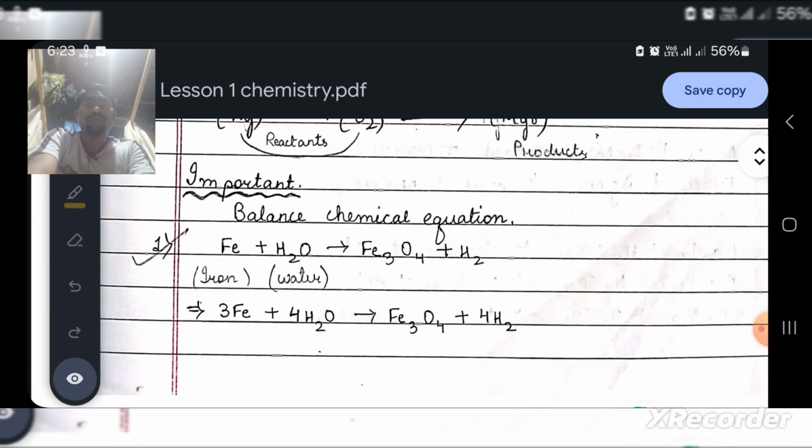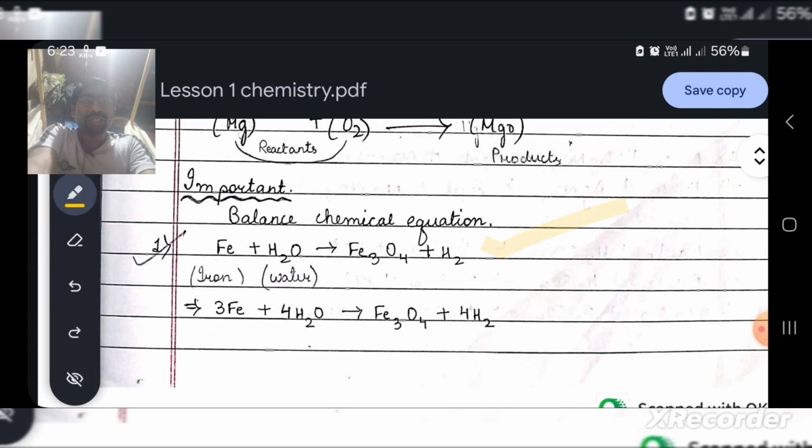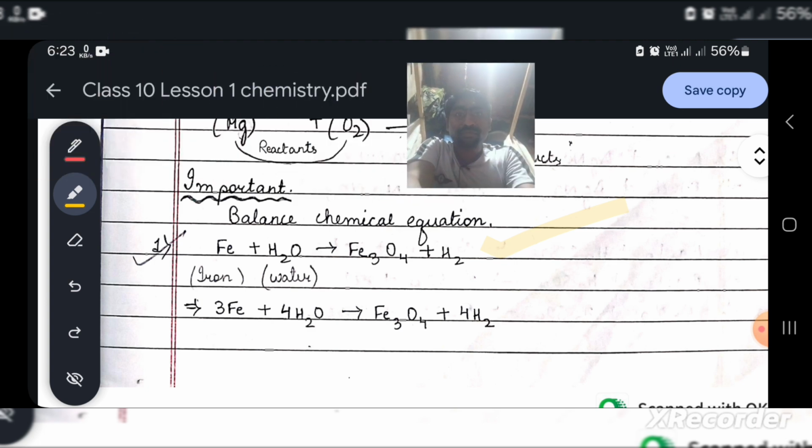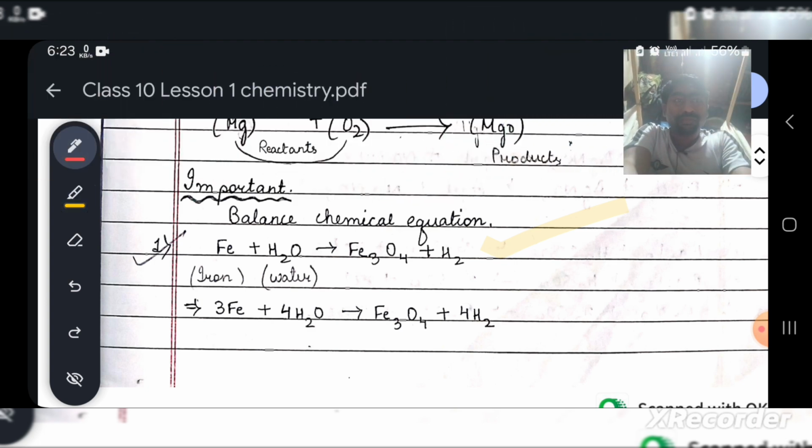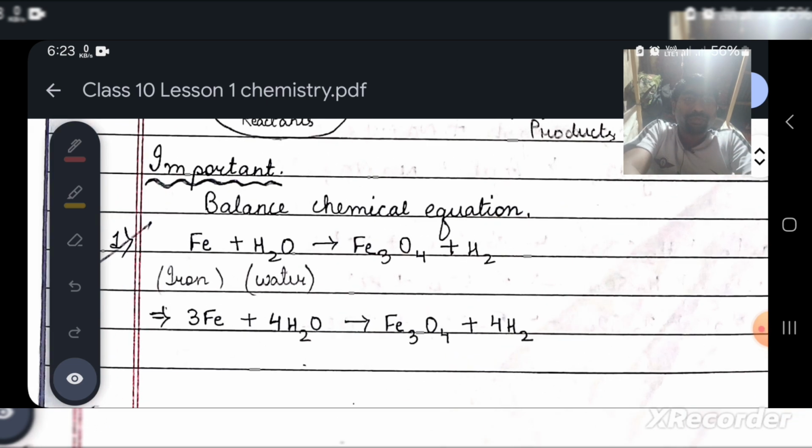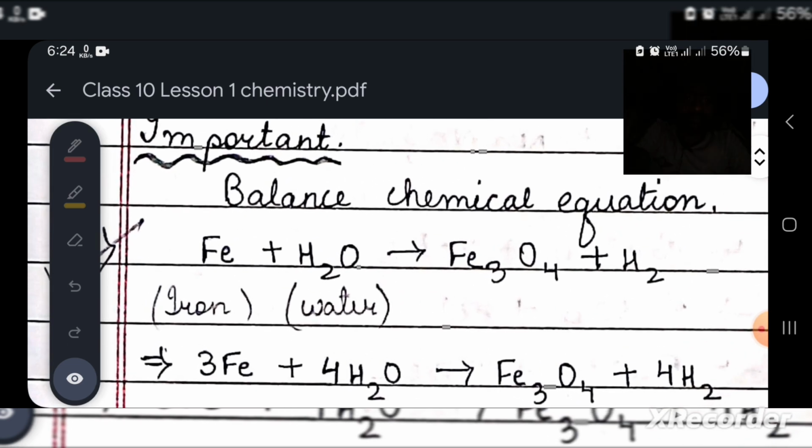This one is the question, and this one is the answer, the yellow color one. Now look here. What is actually a balanced equation?